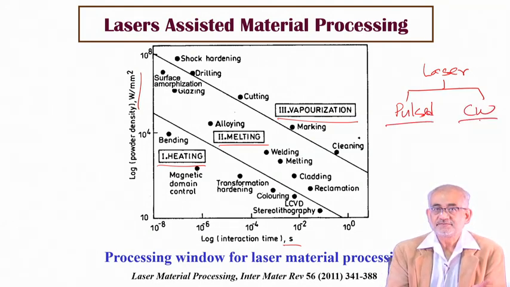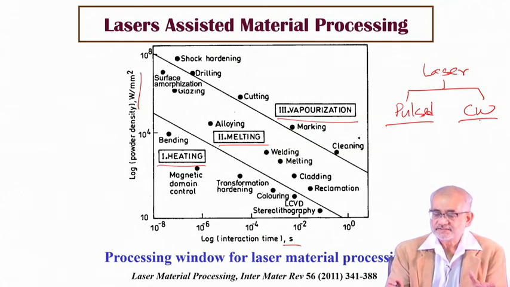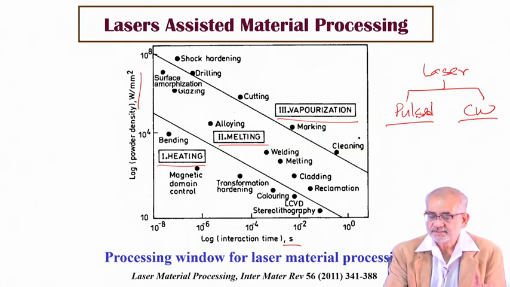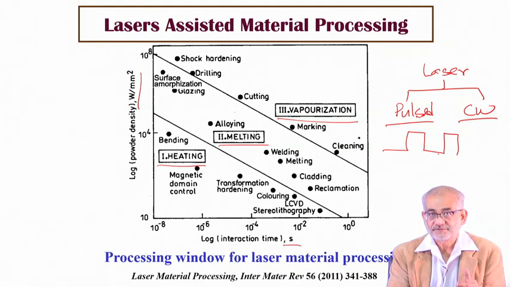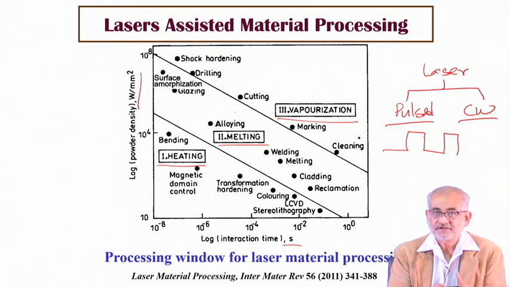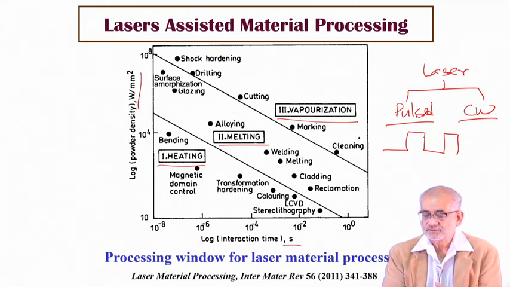So it essentially means that the laser intensity, in this case, will go like this. There is a pulse on time and pulse off time. So the frequency and the peak height or the intensity will determine what is the heating effect or what are the changes that you can bring in.